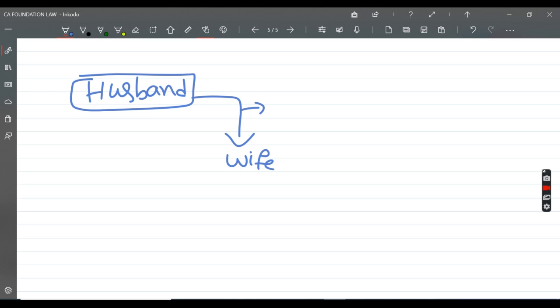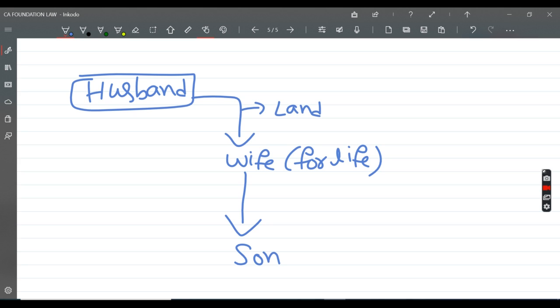Transferred property, let's just say transferred land for life. You wrote an agreement like this in the beginning, for life, and then afterwards it should be transferred back to son. So what does it mean? That means as long as wife lives, she can enjoy the land, she can have the property.